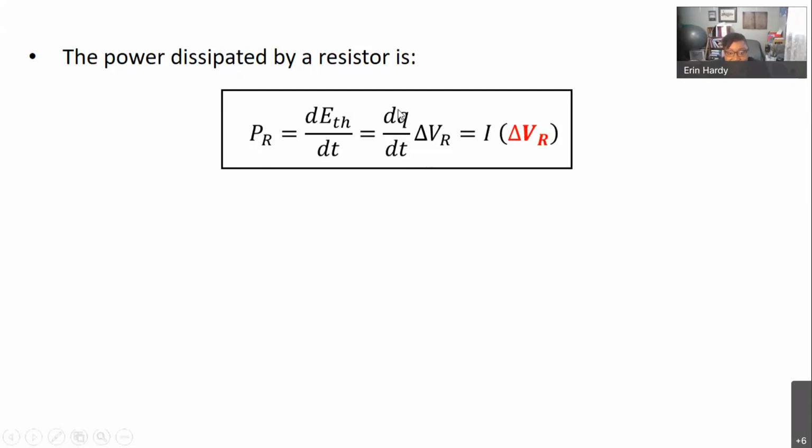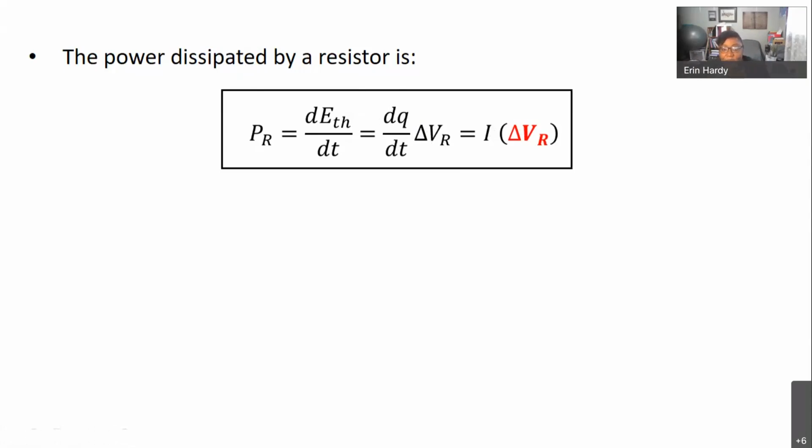If we take a look at this middle term here, dq dt times delta VR, we know that the potential energy that this charge carrier is going to lose in this case, because we're looking at the resistance side, is something that I can balance against the amount of potential energy that that charge picked up from the battery.